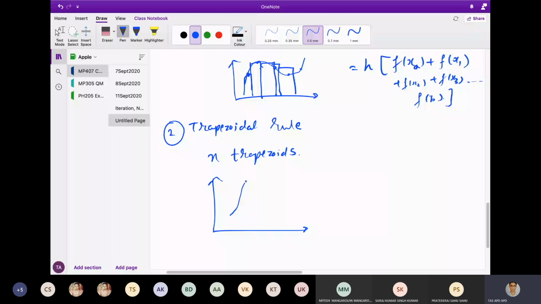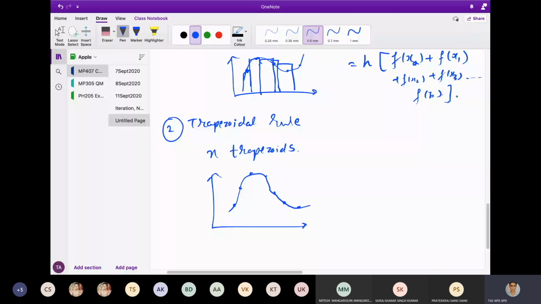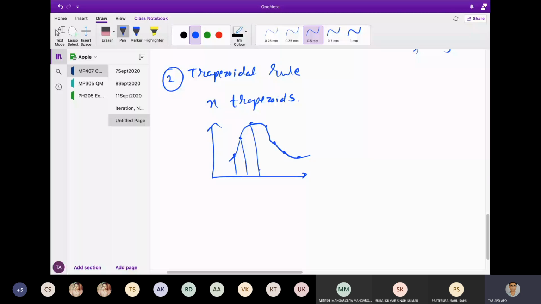So we take the area under these n trapezoids, where we take the average of the two data points. If your starting point is a and the limit is b, and in between you divide it equally into trapezoids, then the area you get means you take the average of the first, f of a plus f of x1.